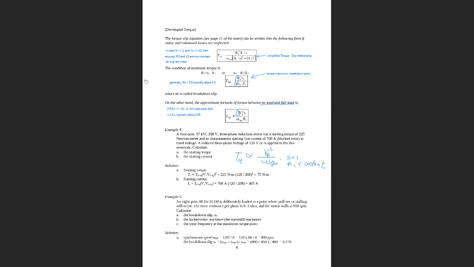And the starting current is determined by the impedance.